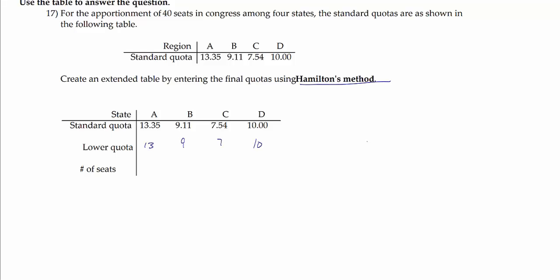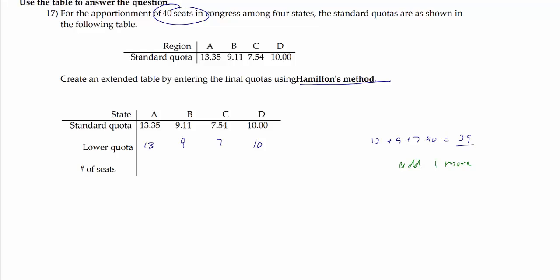When I add these up, 13 plus 9 plus 7 plus 10, I end up with 39. But I'm supposed to apportion 40 seats, so I need to add one more. Who should get that one? We go with the one with the largest decimal part.